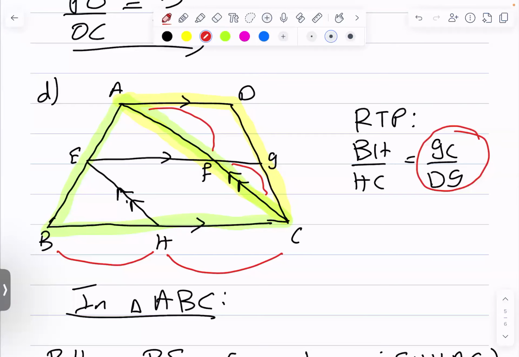Whatever step you take must be highly connected to your end goal. So BH over HC will not lead you to GC over DG, but FC over AF will lead us to GC over GD. You understand? So you work with the end in mind.